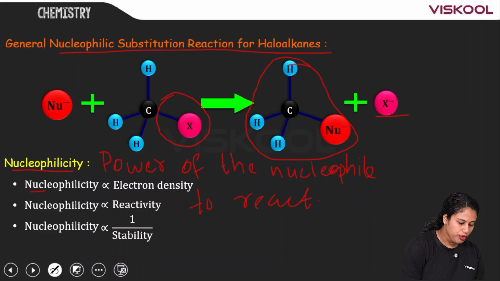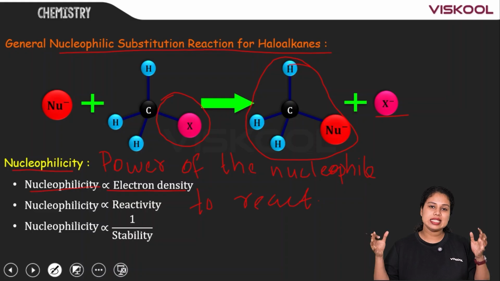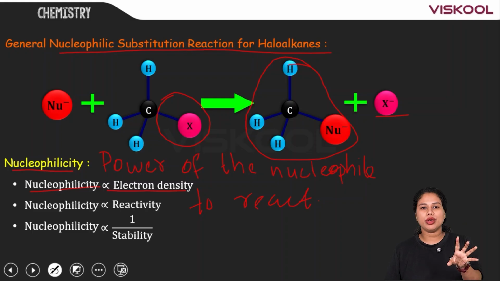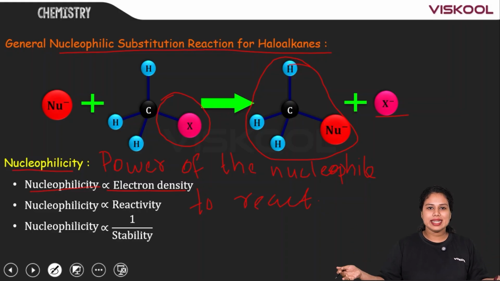Then nucleophilicity is directly proportional to electron density. That means if the nucleophile is more electron rich, the nucleophile is highly reactive in nature. It has a greater nucleophilicity. So the more negative charge, the more electron rich the nucleophile is, the more reactive it is.